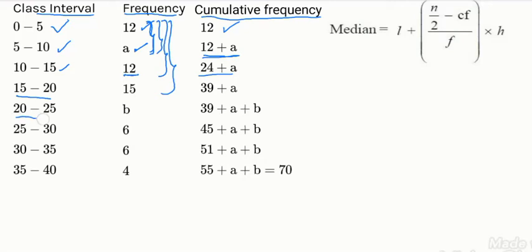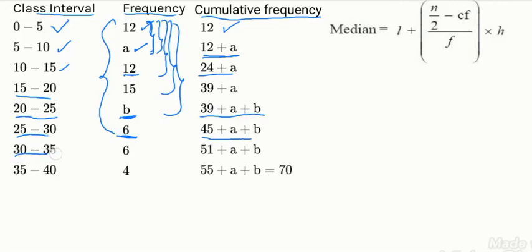For the class 20 to 25, the frequency is B, previous all and that B if you add, you will get 39 plus A plus B. For class 25 to 30, present frequency is 6 and the previous frequencies and 6 if you add, you will get 45 plus A plus B. For class 30 to 35, present frequency is 6.